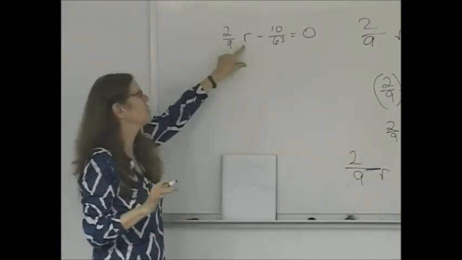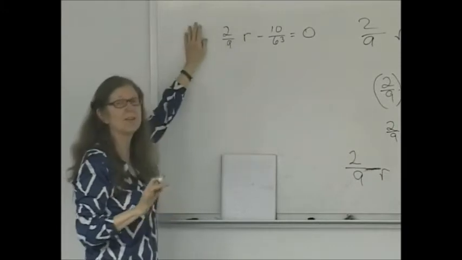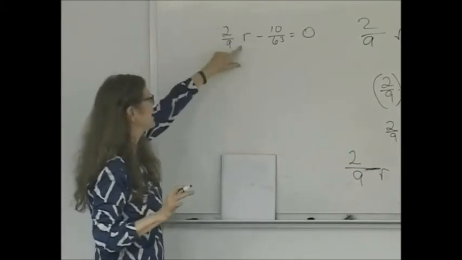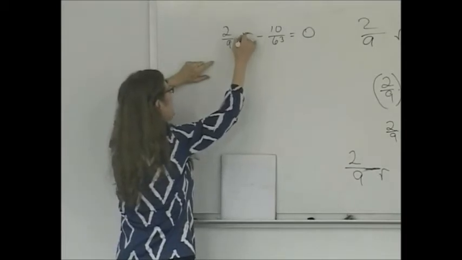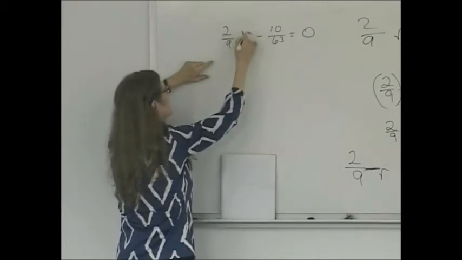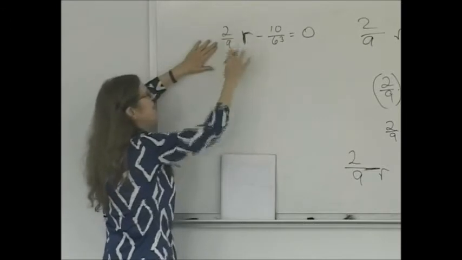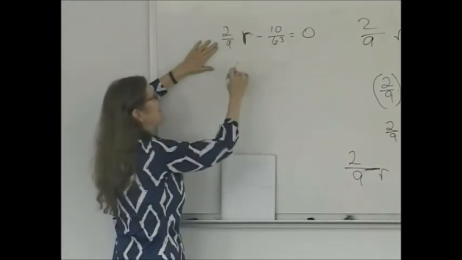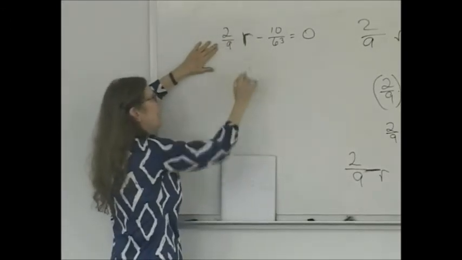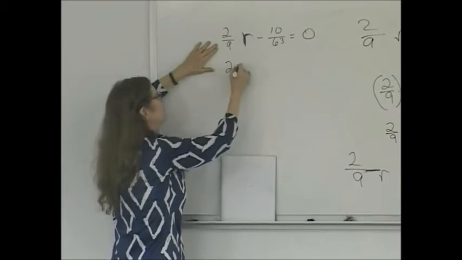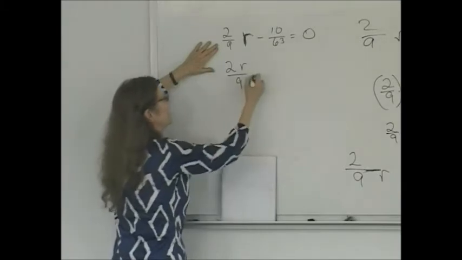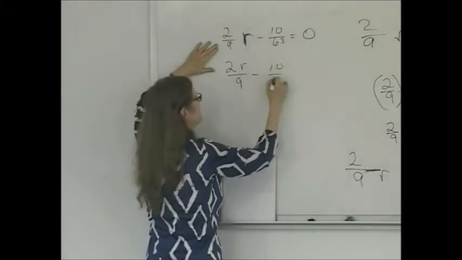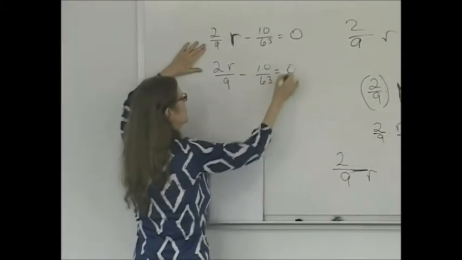This almost could be either in the numerator or the denominator. If you look at it, it's kind of right in between. So that's fine as long as it's not in the fraction. But when you rewrite that, you can't put 2 over 9r. It's got to be 2r over 9. Okay? And minus 10/63 equals 0.